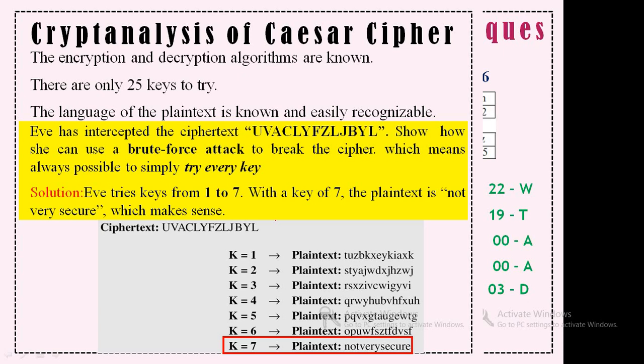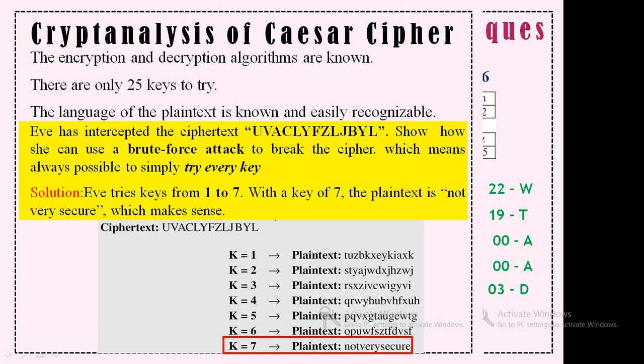So 1, 2, 3, 4, like that. And you can observe that each and every time it is getting a different plain text, until when K equals 7, the plain text is coming out as a meaningful sentence.